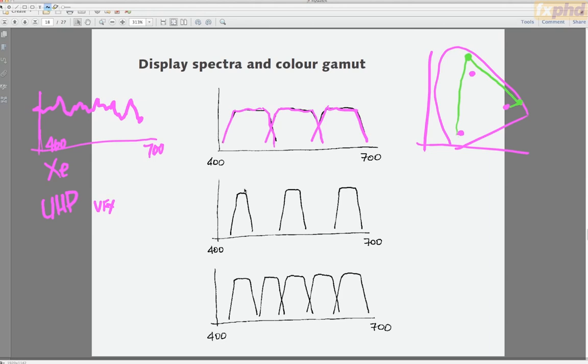And one way to do that is to have light which is missing that power in the cyan and yellow regions. And so we talk about DLP cinema class projectors that have got a cyan notch or a yellow notch, which is removing energy from certain parts of the spectrum in order to get wider gamut. However, that means they're not using all of the light from the light source.